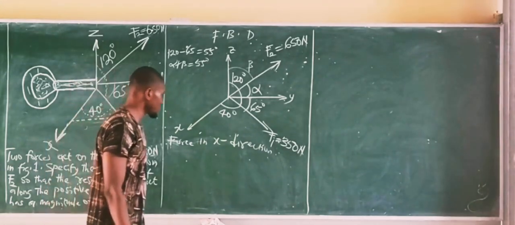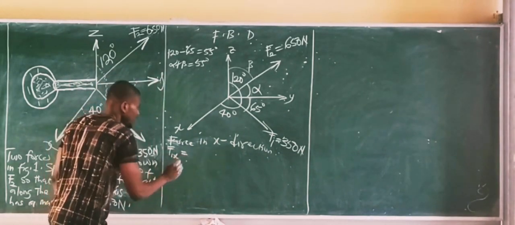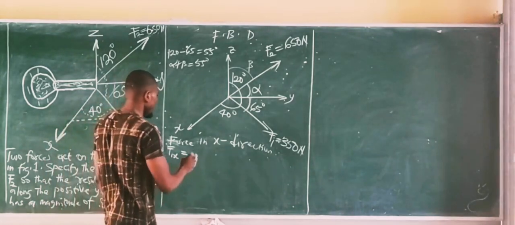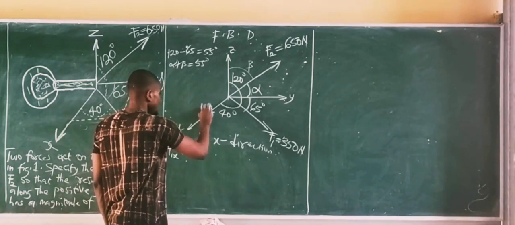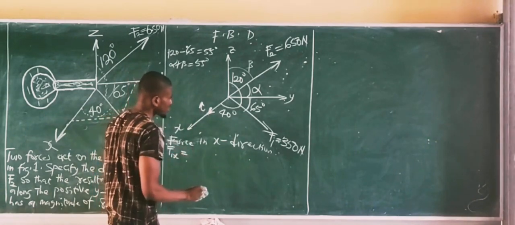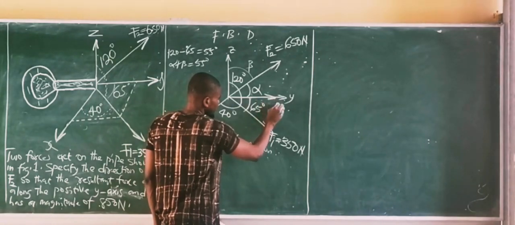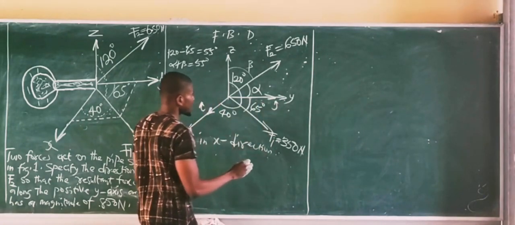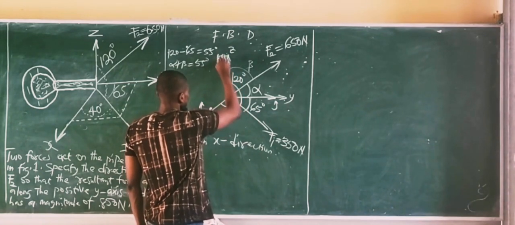Let's start with force F1. So F1x. Now please take note, the x direction in vectors is the i direction. Meanwhile, the y axis in vectors is the j direction and the z axis is the k direction in terms of vectors.